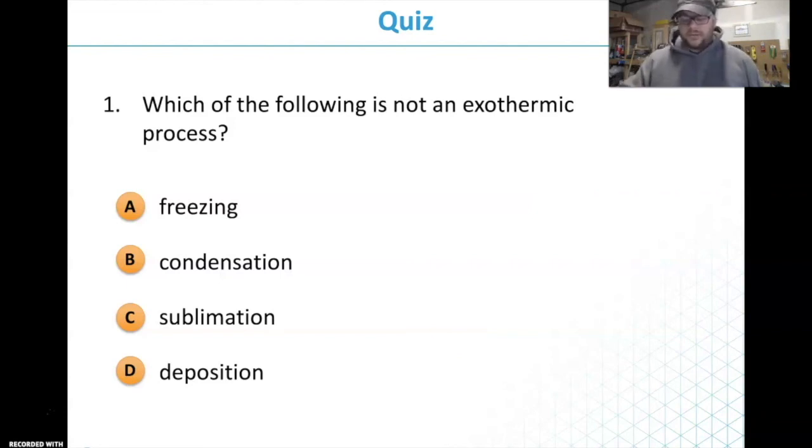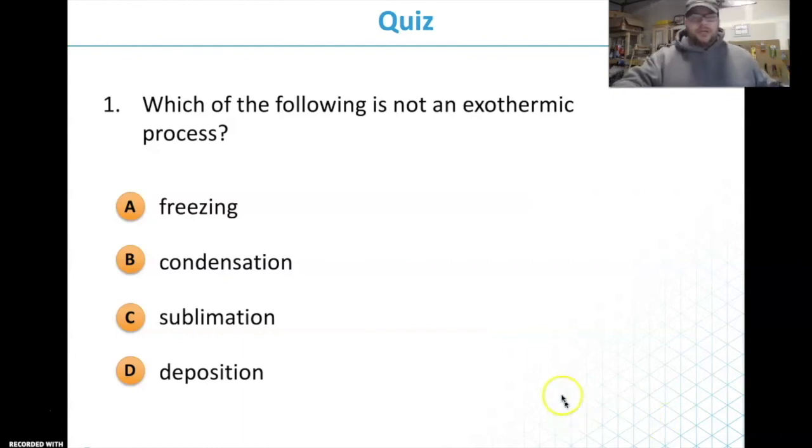Okay, so if it's exothermic and it's losing heat, let's think about that. We have our glass of water here. If I wanted to boil this water, I have to heat it up, so I have to add heat into this water. If I wanted to freeze this water, I need to put it in the freezer and cool it down. When you cool something down, you're pulling energy out of it. So that is an exothermic process. Freezing is an exothermic process.